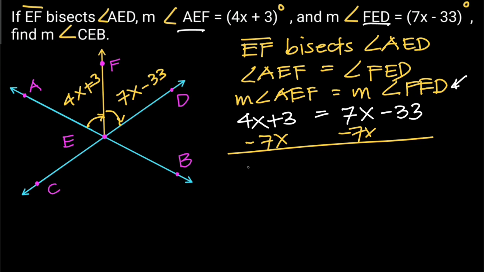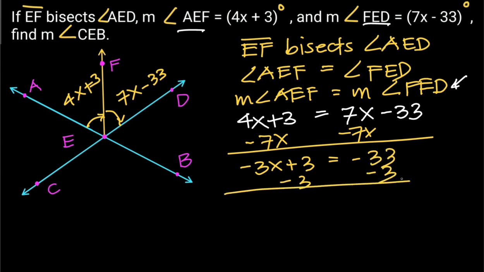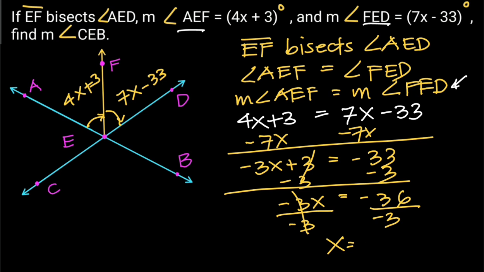This is 4x minus 7x, which is negative 3x, plus 3 equals negative 33. Then we subtract 3 from both sides. So we have negative 3x equals negative 36. Then we divide both sides by negative 3. Therefore, x is just equal to 12.